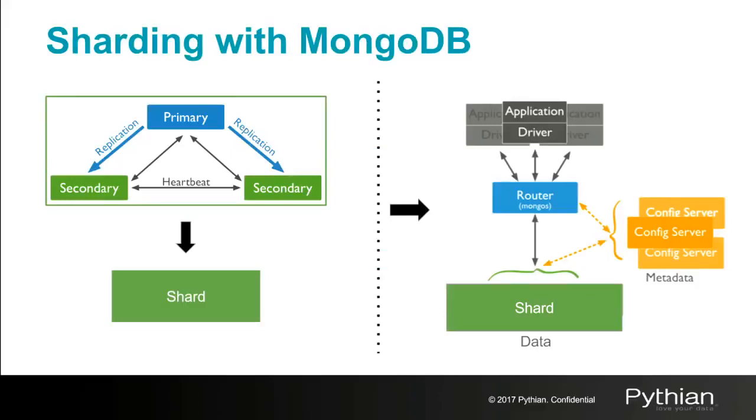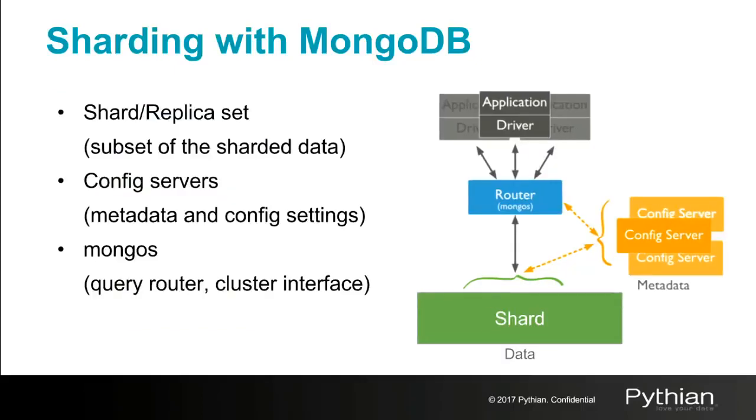And with MongoDB, we have a router and config servers. So each component is part of the sharded cluster, and it's important for the MongoDB clustering. As mentioned previously, the shard or the partition should be a replica set, and that's important because we want to keep multiple copies of our data in a single partition.